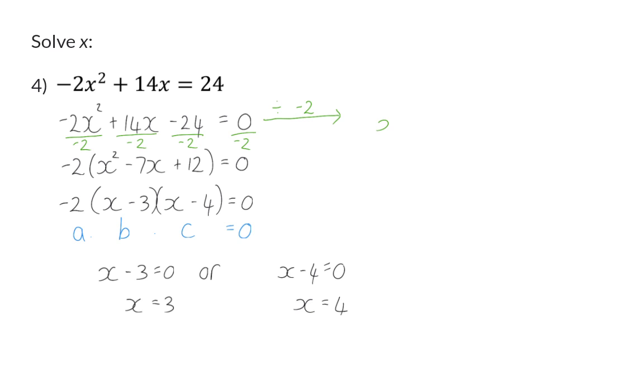Then we would have had x squared minus 7x plus 12, and on the right-hand side still equal to 0. Next, I would still factorize into the brackets x minus 3 times x minus 4, which means I would have still gotten the same two answers.